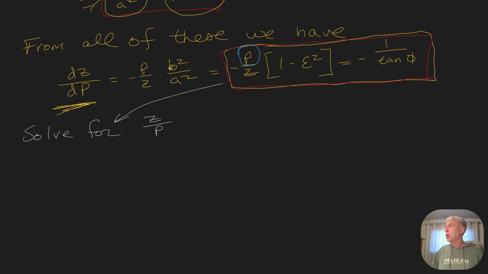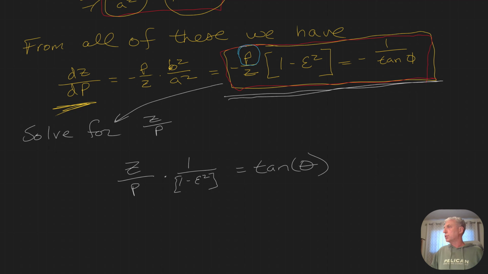From our relationship here, we're going to take the next step and say z over p times 1 over 1 minus epsilon squared equals tan phi, just algebra steps, and that yields what we want, which is z over p equals 1 minus epsilon squared times tan phi. Okay, cool.